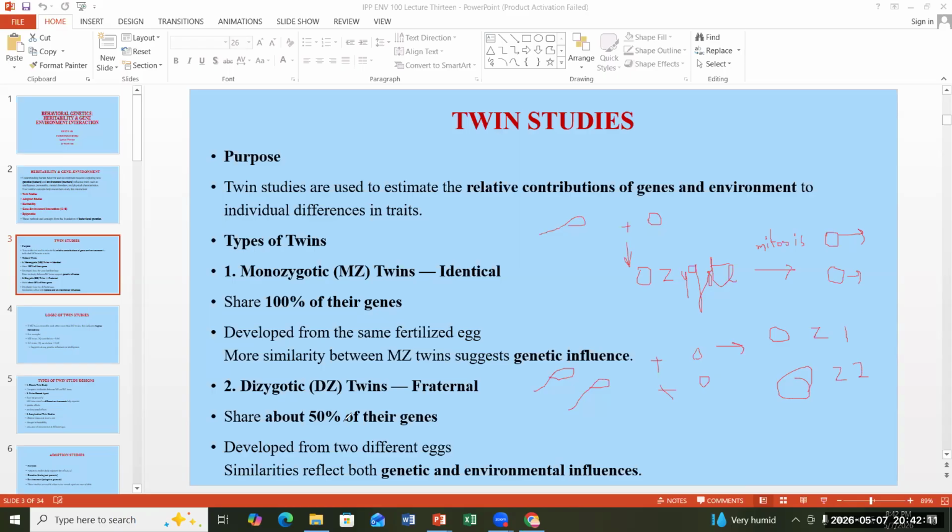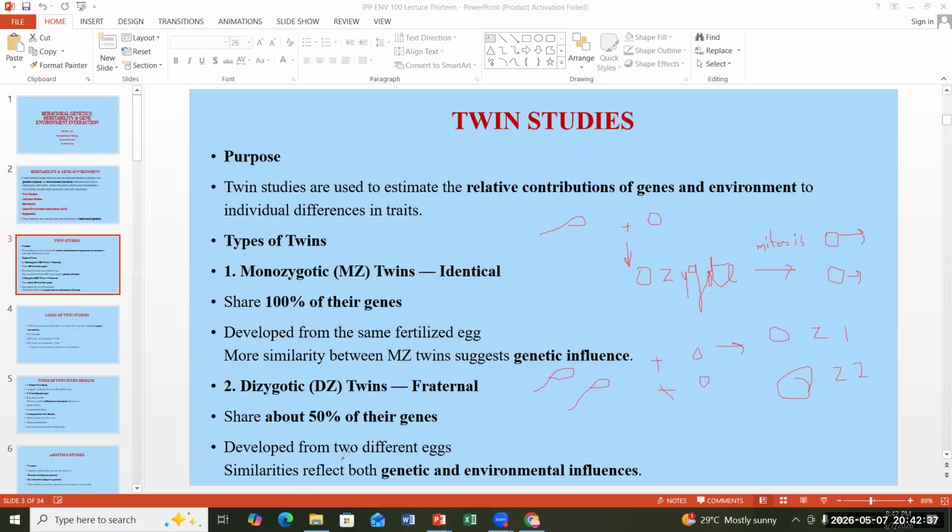This time they are sharing about 50% of the genes. They are twins. They have similarity in their genetic makeup, but it is not 100% genetic makeup. And it is possible that two twins could have different genders. But in case of monozygotic twins, the twins share 100% similar genetic makeup and they must have the same gender as well.